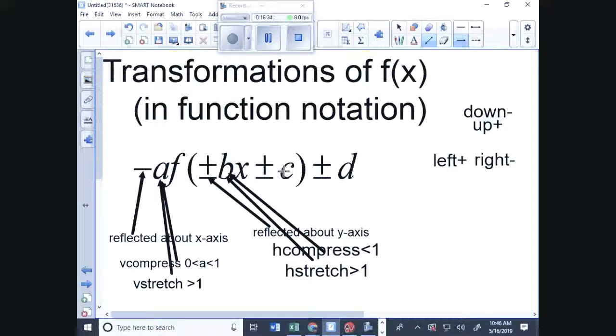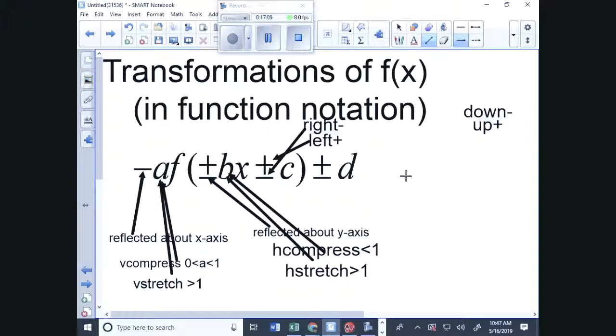And then same thing with C. C controls the left and right. So I'll go ahead and pull this over here and put some arrows there. If it's plus, then we're doing left. And if it's negative, the graph is moving to the right.